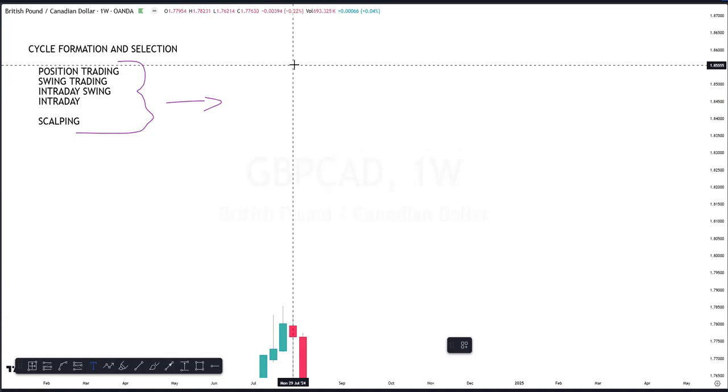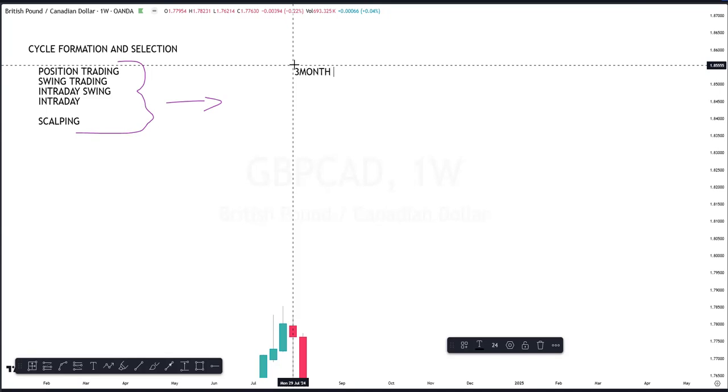Though we don't teach them, because many people are not interested in position trading. But when you're using position trading, we start from the 3-month time frame.